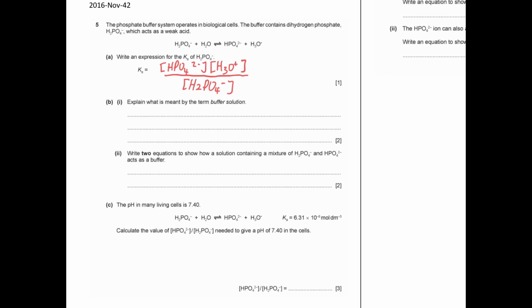Now, B part 1. Explain what is meant by the term buffer solution. This one is the definition. You have to remember it. A solution that resists change in pH. So this one is one mark already.